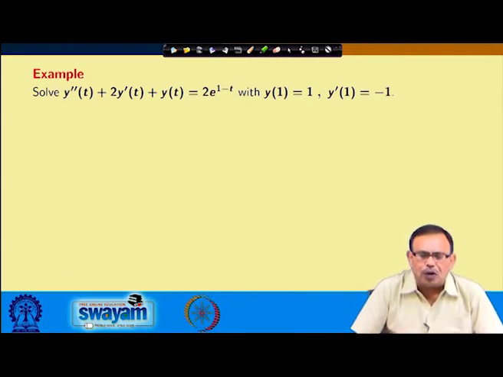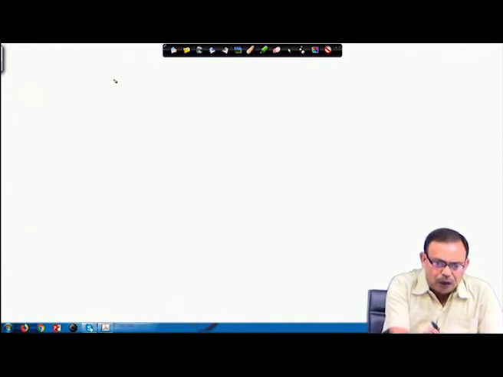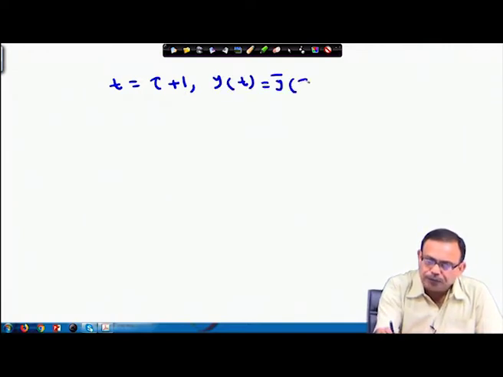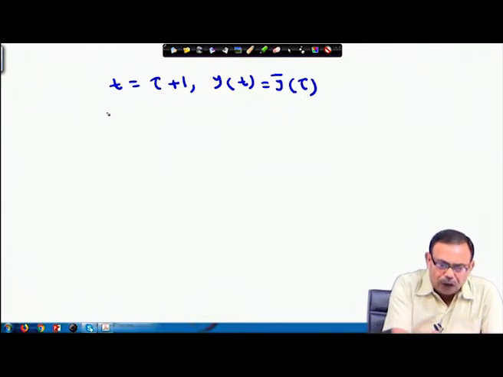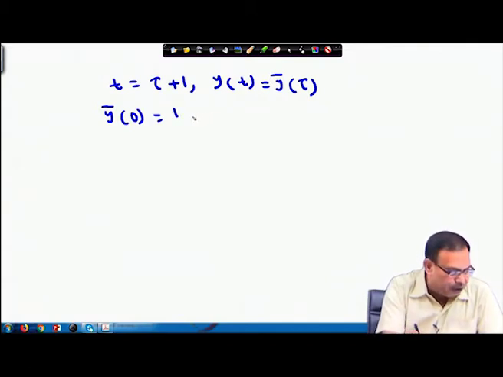Here also the condition is provided at t equals 1. So, I have to make the substitution over here. I am substituting t equals again tau plus 1 and y t equals y bar tau, so that your conditions on y and y bar will be changed at tau equals 0.